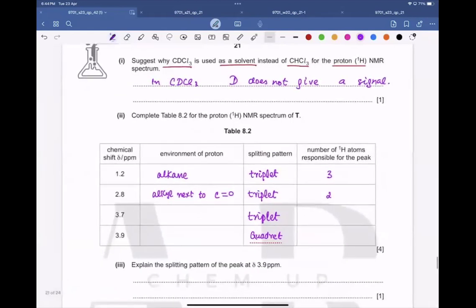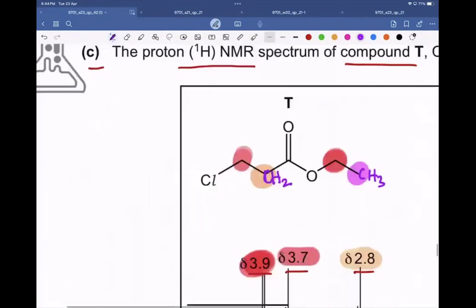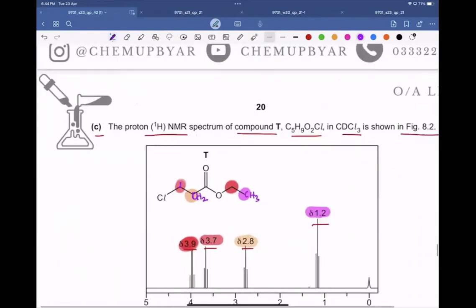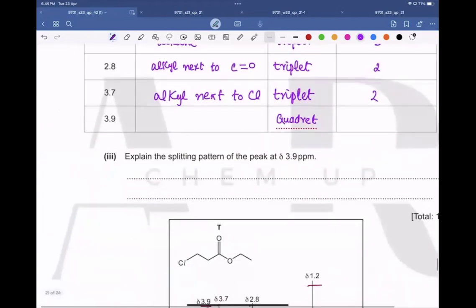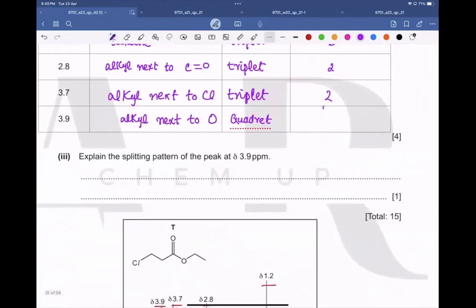And then at 3.7, alkyl next to chlorine and two hydrogens. See, it is this one, right? And it also has two hydrogens next to Cl. And the last one, which is at 3.9, is due to this one because it's next to the more electronegative oxygen and it also has two hydrogens. So we are going to write alkyl next to oxygen or electronegative atom, and there are two hydrogens.